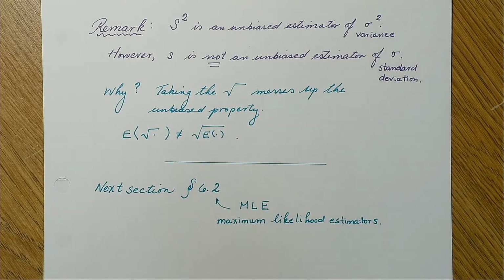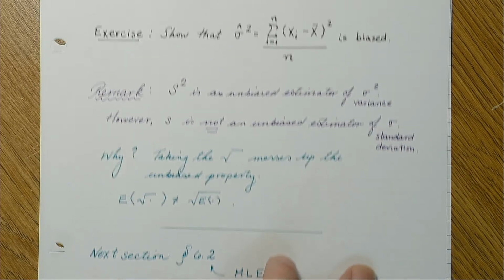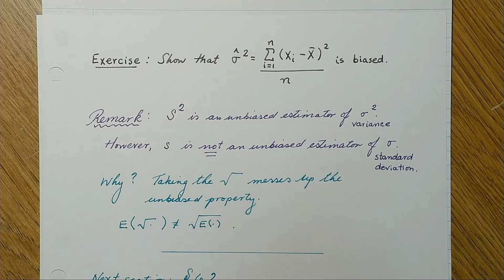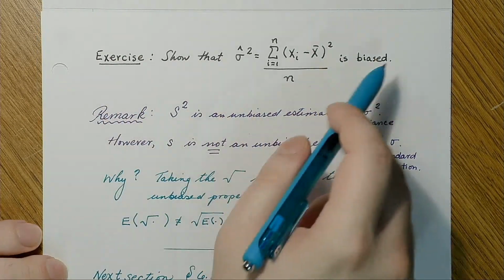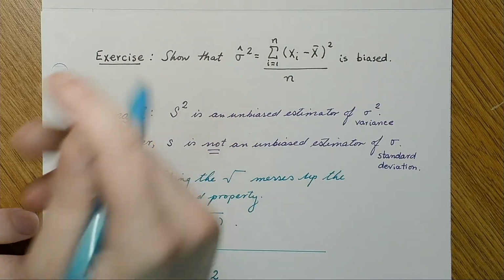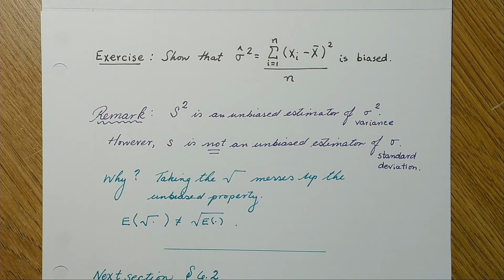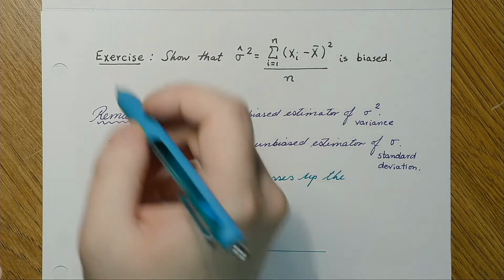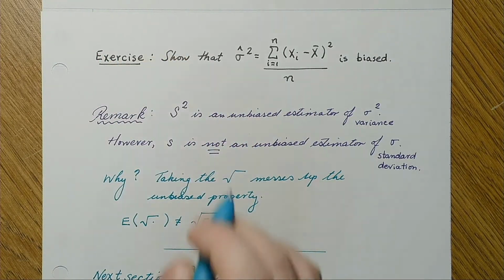There will be some practice problems for 6.1. If you are trying to reinforce your learning, I would say that this exercise is a good one to start with. And I will post some questions through Moodle. But I would start with that one. Show that that is biased.